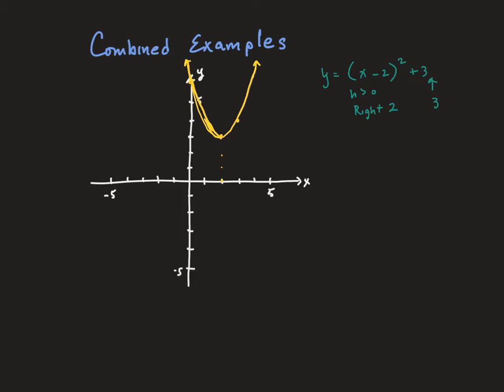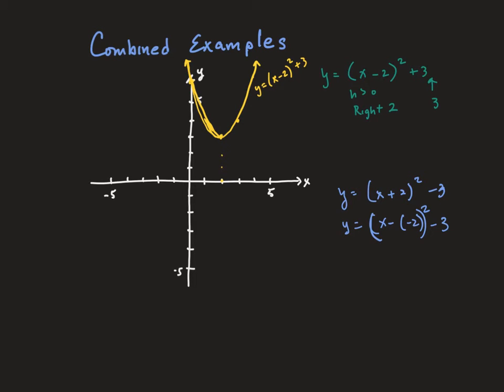And then, of course, this is y equals, I should have done it in the other color, my bad. And then if we wanted to do a different one here, we'll say that y is equal to x plus 2 squared minus 3, and that would be y is equal to x minus a negative 2 squared minus 3.